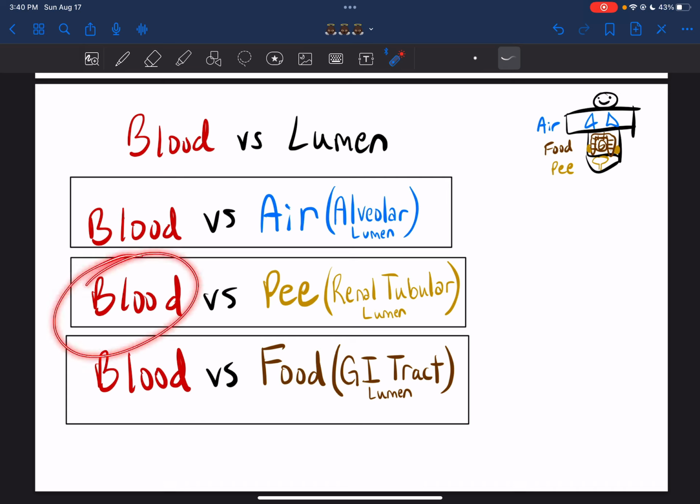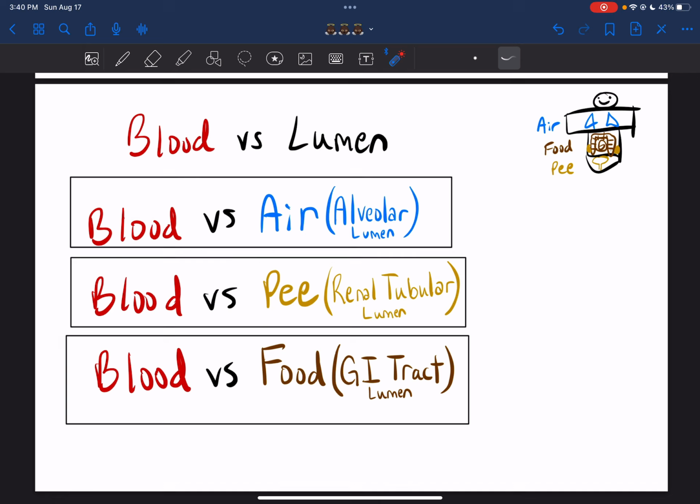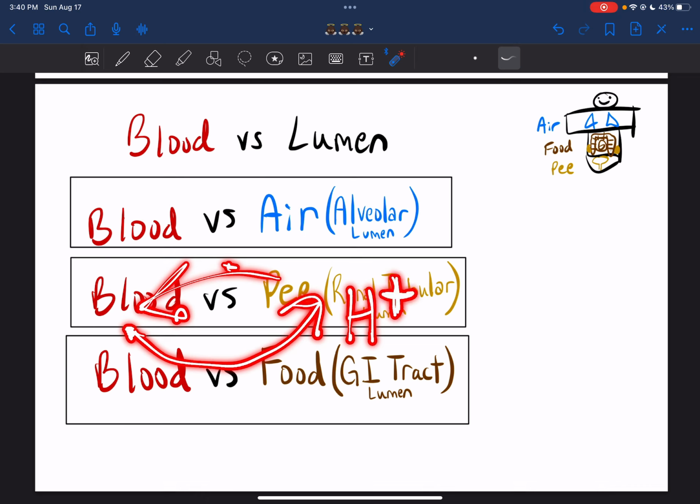Next up is renal, blood versus pee, I like to say. What it really means is the bloodstream versus the renal tubule, or the renal tubular lumen. So you have your electrolytes going back and forth. Good things that your body likes, like sodium, are going to go into your blood. Bad things that your body doesn't like as much, like acid, H+, or potassium.